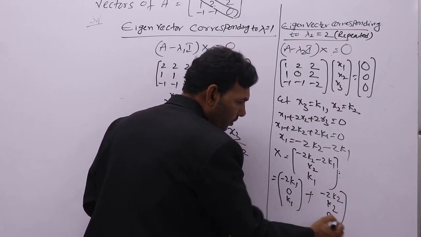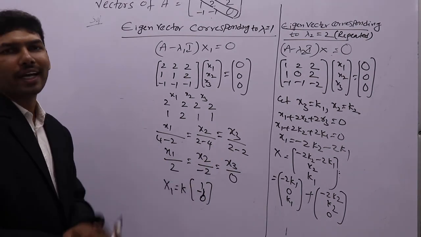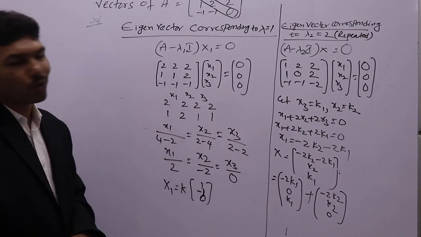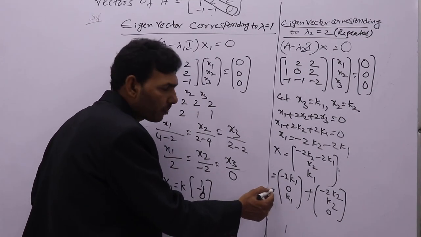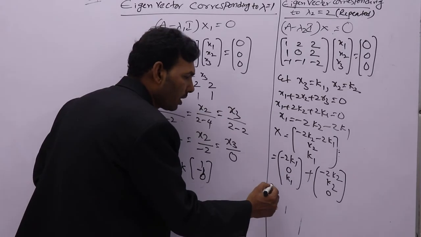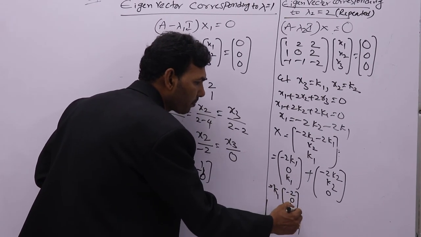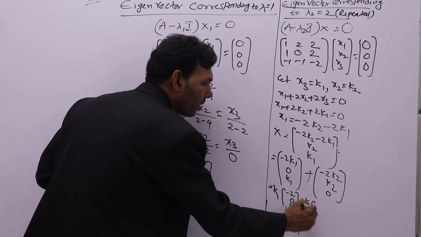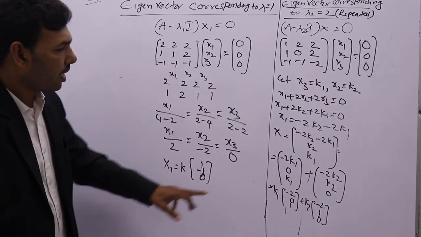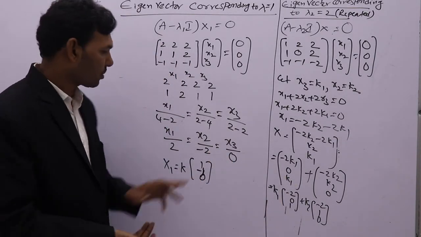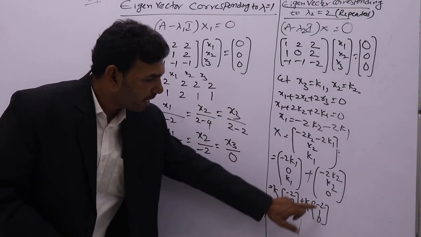No, 0. Now, if you take k1, k2 common, you will get two eigenvectors. That will be the remaining two eigenvectors. If you take k1 common: minus 2, 0, 1. If you take k2 common: minus 2, 1, 0. These two are the remaining two eigenvectors. First eigenvector 1, minus 1, 0. Then minus 2, 0, 1, and minus 2, 1, 0.